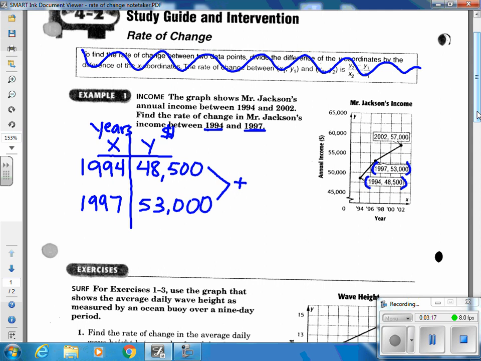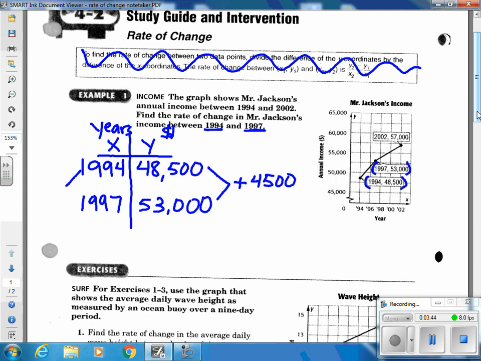You can use a calculator or do it mentally, and subtract 53,000 minus 48,500. That will give you a $4,500 difference. So to go from 48,500, if you add 4,500, you do get 53,000. You have to figure out the difference between those two values. You'll never have a negative unless it's decreasing.